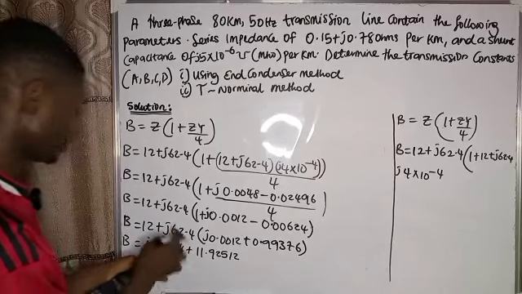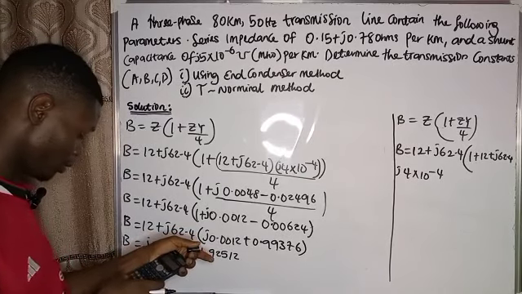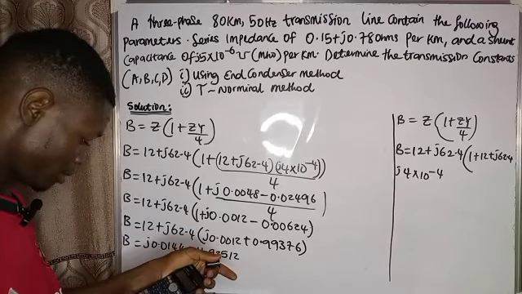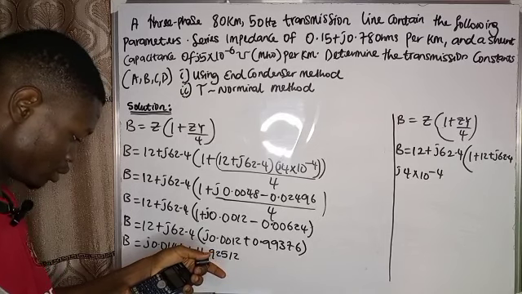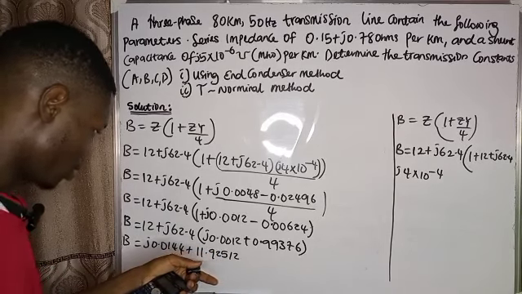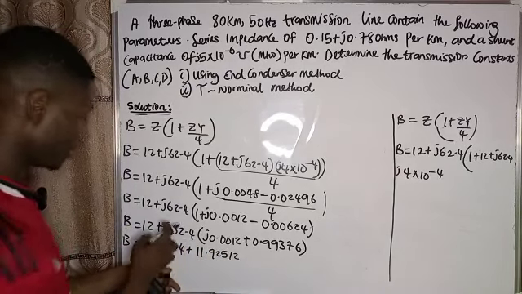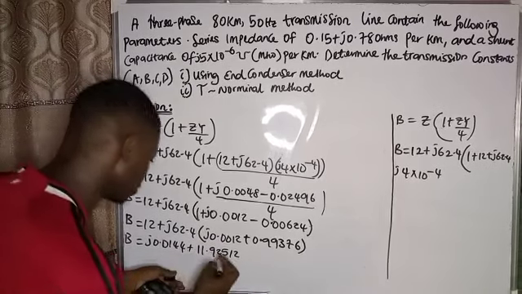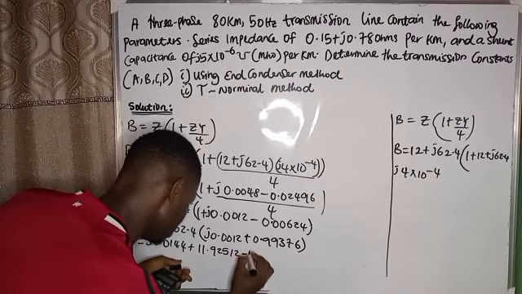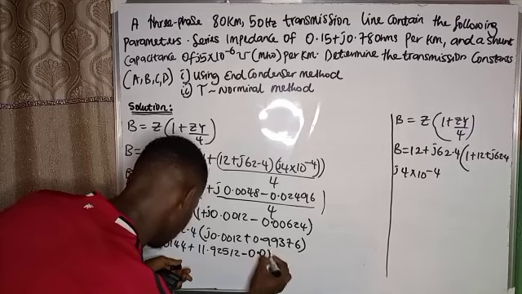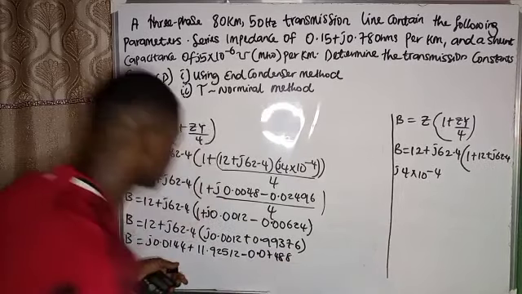Now 62.4 times 0.0012 will give me, remember, j times j is minus, so minus 0.07488.